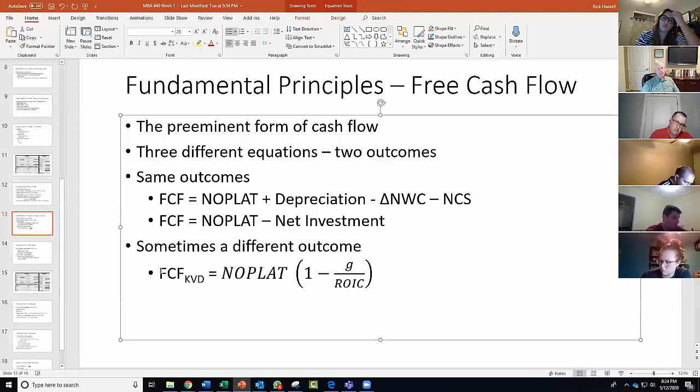You're going to find that not only does this equation most often yield a different outcome, but there's a reason for it. And you'll only use this equation structure, A, when I ask you to, and B, when we're motivating the key value driver equation for free cash flow.